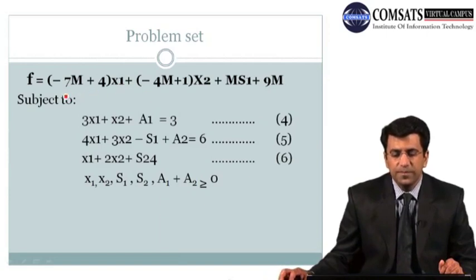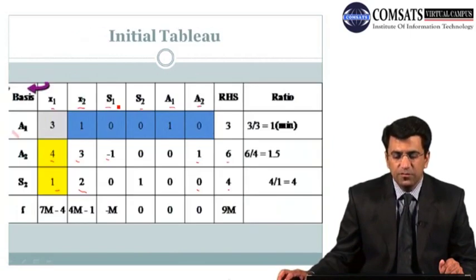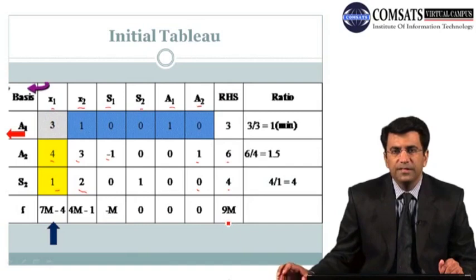So this will become negative when we take it to the other side of the equation, and the value will become 7m minus 4 as the coefficient of x1. Therefore, we have put 7m minus 4, 4m minus 1, minus m, the relevant coefficients of x1, x2, s1, and on the right hand side is 9m. So this is the value on the right hand side of our objective function.